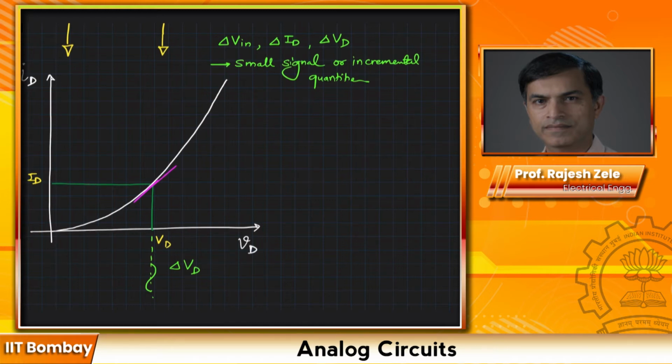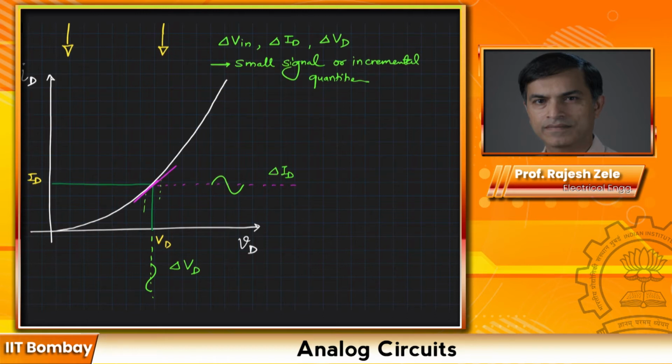Then, assuming that the circuit is linear around that point, I'm going to figure out what my output is. If you look at this, the current will change something like this, and this would be our incremental output current.